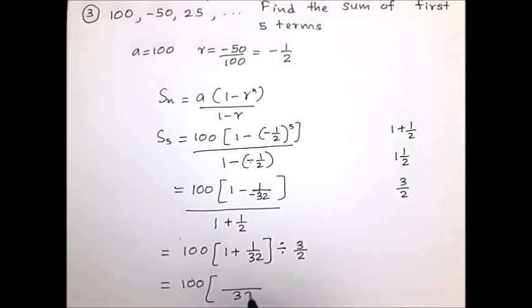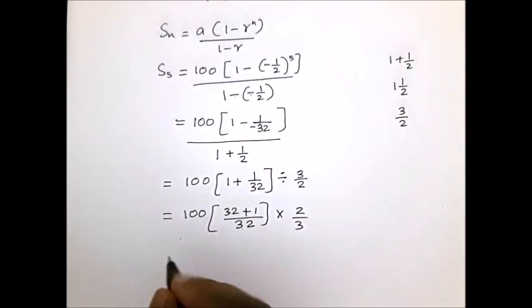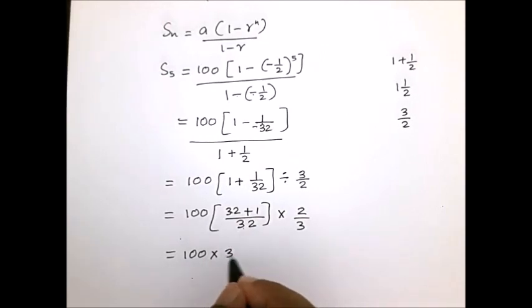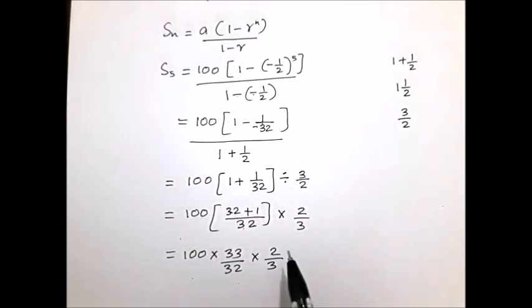It is 32. For this one you can write 32 over 32. Then plus 1. Convert this division into multiplication and take the reciprocal. Now simplify this further. 32 plus 1, 33 over 32. Now cancel these numbers. 3 and 33, 11. 2 and 32, 16.